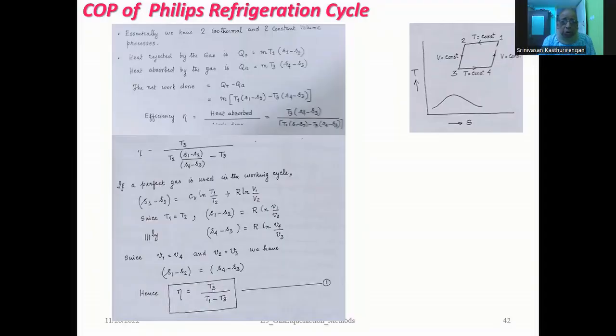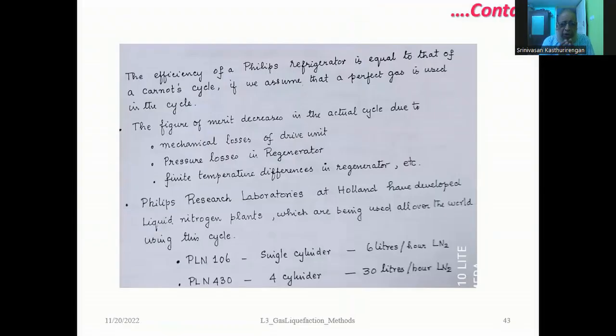So it clearly shows that if you use a Phillips refrigeration cycle for liquefaction, then the COP of such a system is the same as that of the Carnot cycle. That's what you understand. So the efficiency of the Phillips refrigeration system is equal to that of a Carnot cycle if we assume that a perfect gas is used in the cycle. However, the figure of merit decreases in the actual cycle because of other reasons.